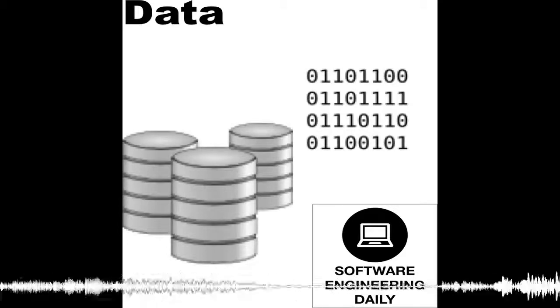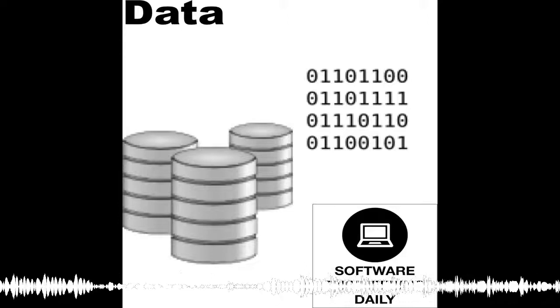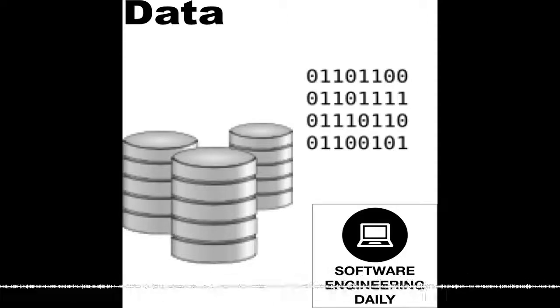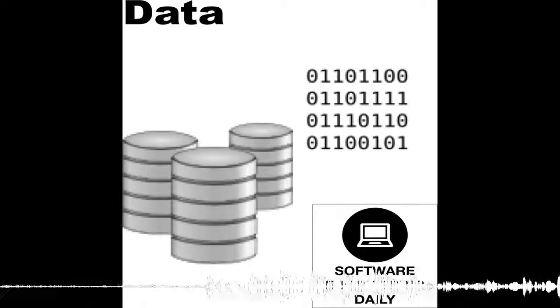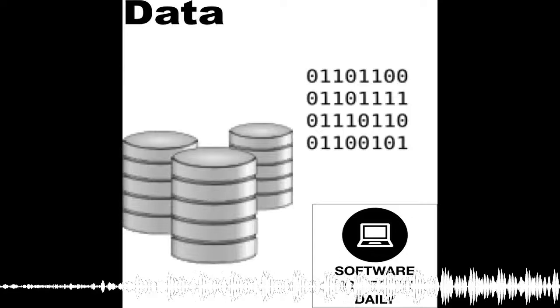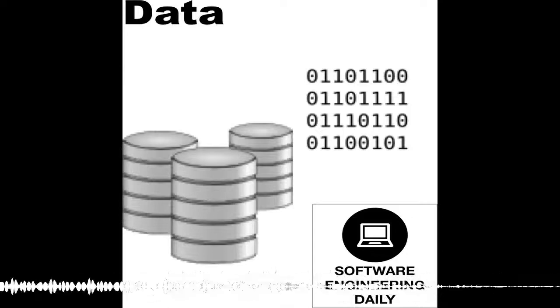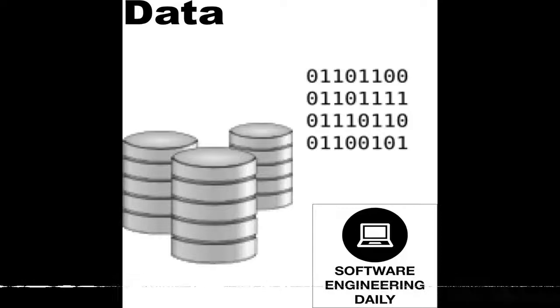If you did select star from users where ID equals 1, a basic give me all the information for user 1, that'll be like 1 millisecond in Postgres, but that could take 30 seconds on Redshift because it has to open so many different files and the data is spread all over the place. Likewise, if you wanted to sum the ages of all your users, that could take a long time in Postgres because it has to read the whole table. But in Redshift, it could be nearly instant because it will just read the age data.